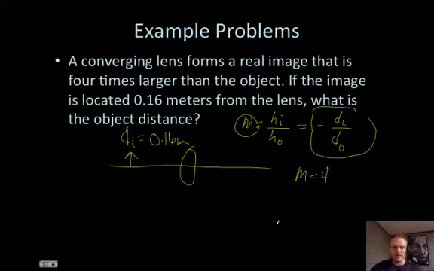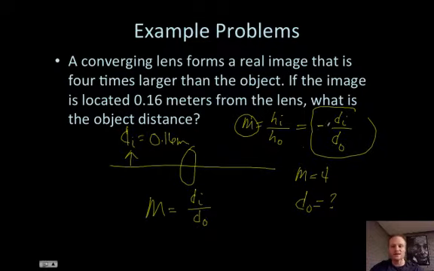So what I'm trying to find out is d sub o. The equation I'm going to use, simplified up here, is m equals d sub i over d sub o. You'll notice I dropped the negative.